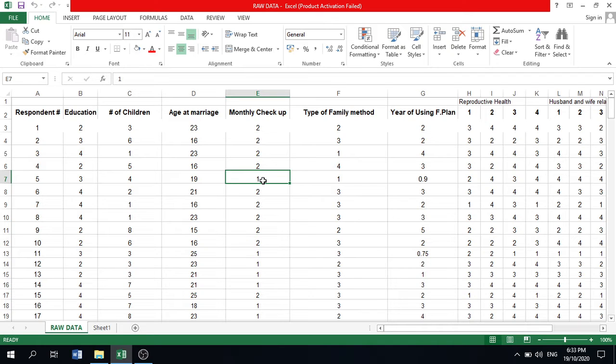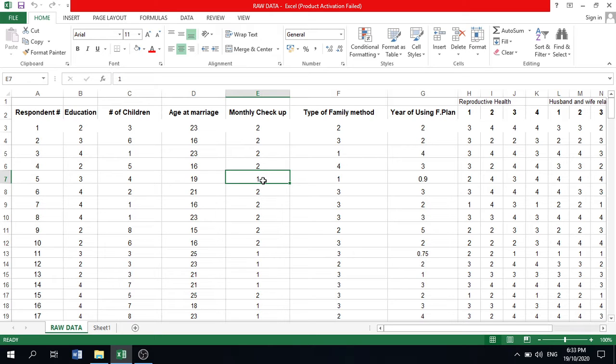There is a progression, meaning that there is an assumption that a regular monthly checkup is higher than an irregular monthly checkup. And that consciousness is very important, because when we code, we have to have that sense of progression, of order.